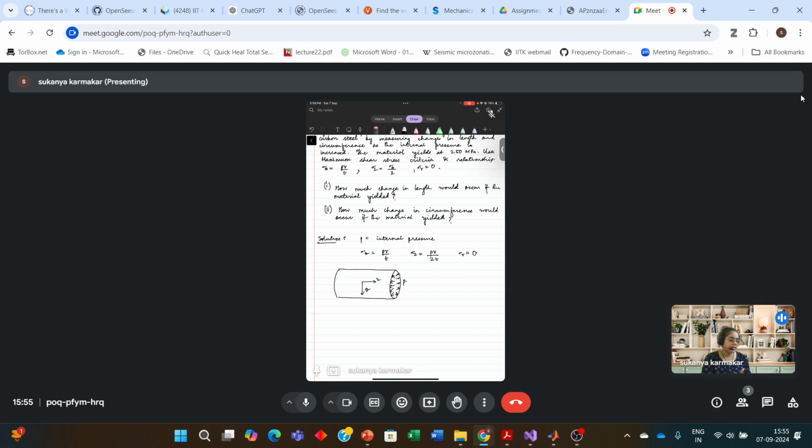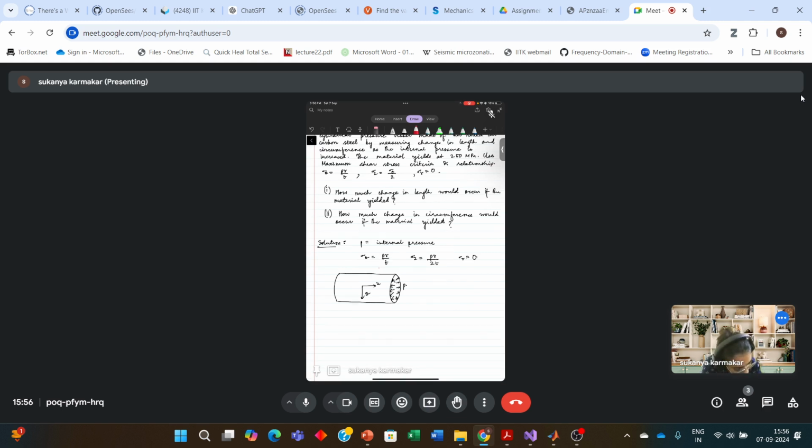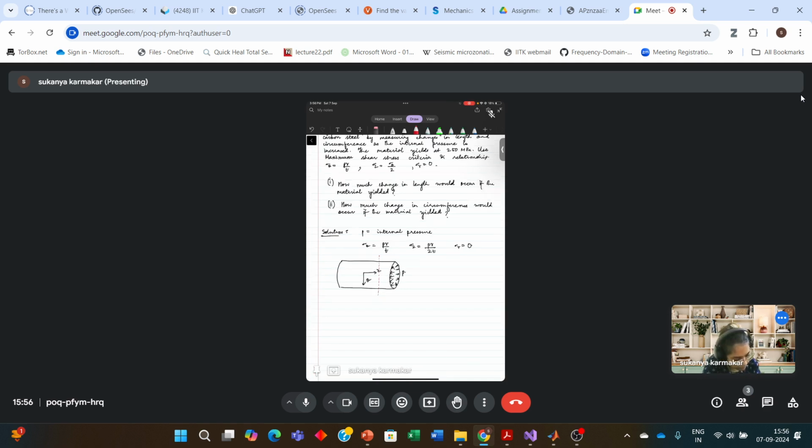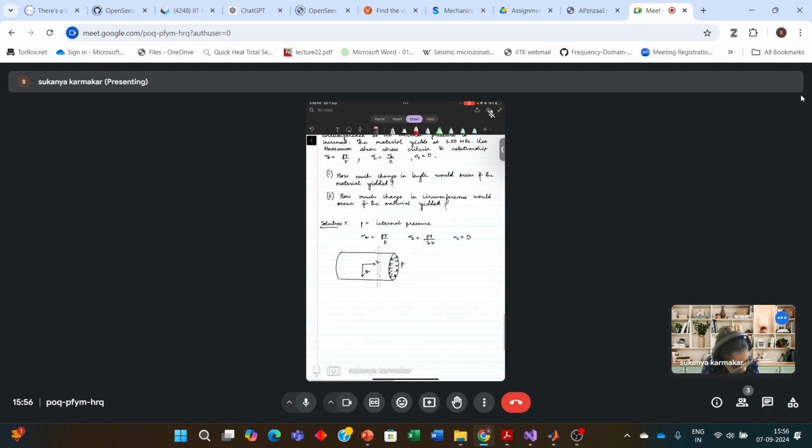Sigma theta is the stress in the longitudinal direction. Sigma radial is 0. Maybe if I cut a plane, that will be easier to understand. Suppose I cut a plane like this and take a look at this, like I cut out a thin ring like this.